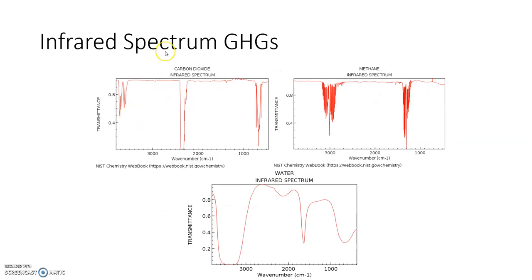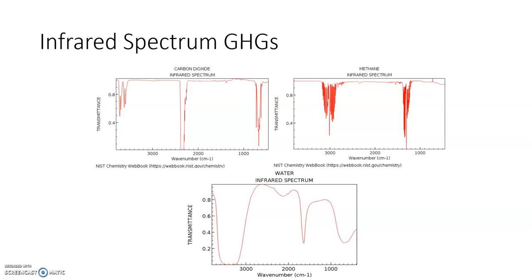Now, this is what's called an infrared spectrum. You can actually take molecules, radiate them with infrared radiation, and look at how much they absorb. So the length of the peak is how much infrared energy they absorb, and you can see that carbon dioxide and methane absorb infrared radiation between 2,000, really around 2,500 to 3,000. In fact, I used to use this form of spectroscopy to determine if I had a carbon double bond oxygen functional group in my molecule.